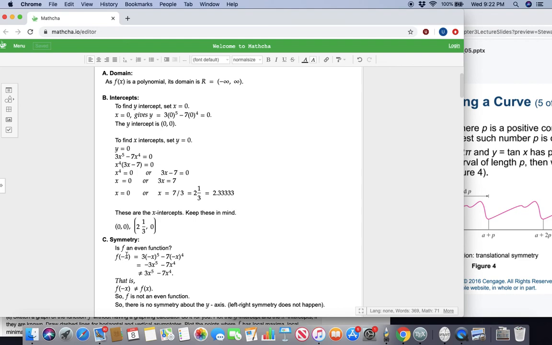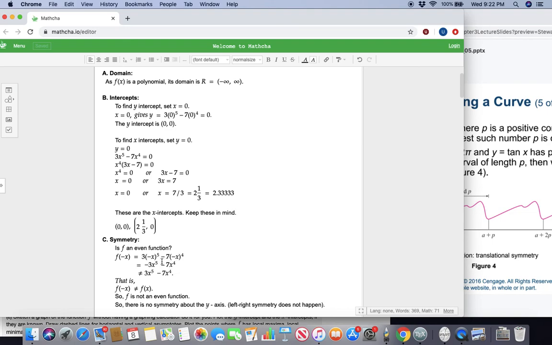Well, whether f(-x) is equal to f(x). Well, plug in negative x. (-x)^5, the negative survives because it is an odd power. On the other hand, a negative to the even power, the negative does not survive.